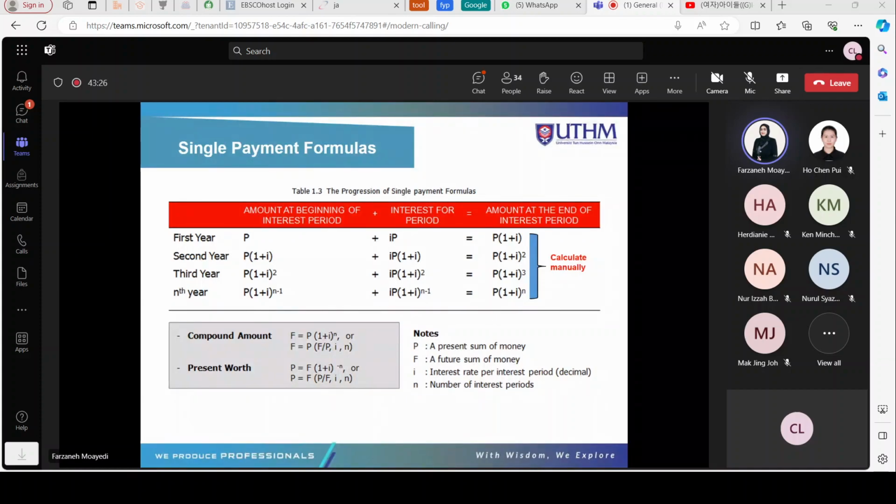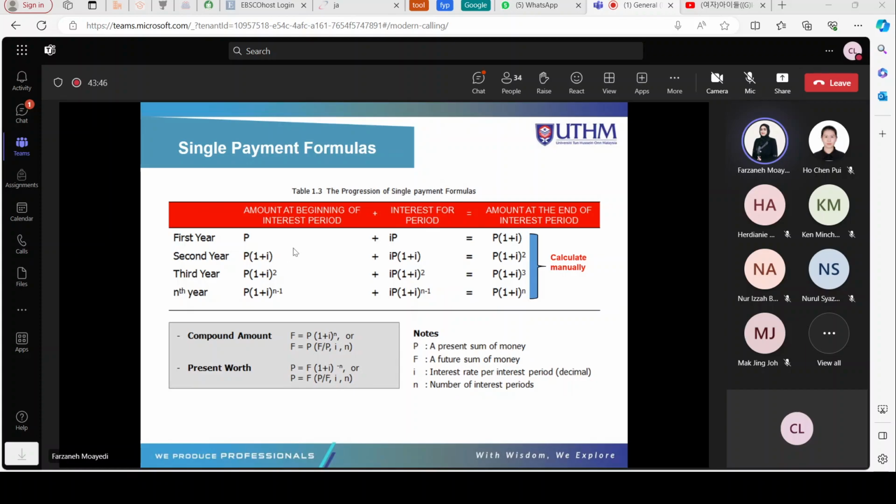But there is another thing that I don't want you to get confused. Principal is one thing, but we also denoted this as P, and the P that you see here is the present sum of money.